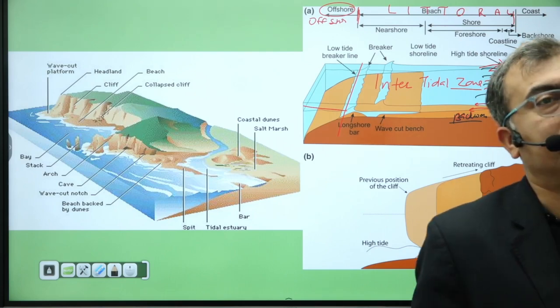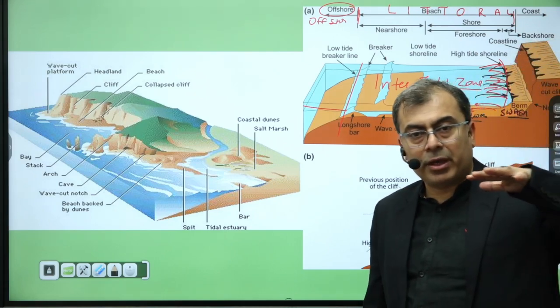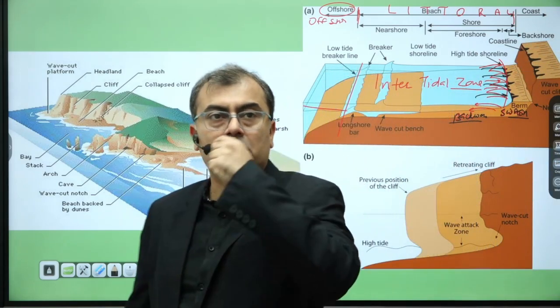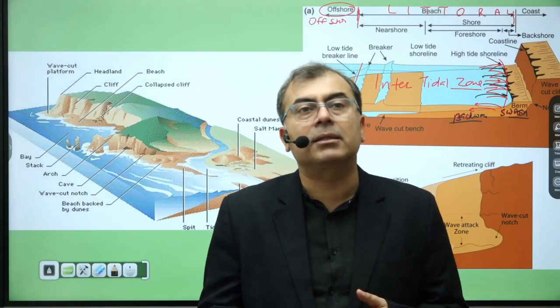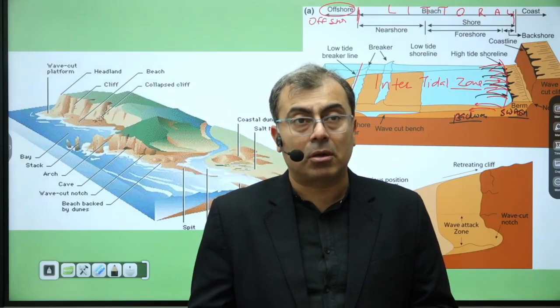Swash will go and hit. So when the wave is rushing towards the coast, that is called swash. It will go and hit. Will it break the rock or not?